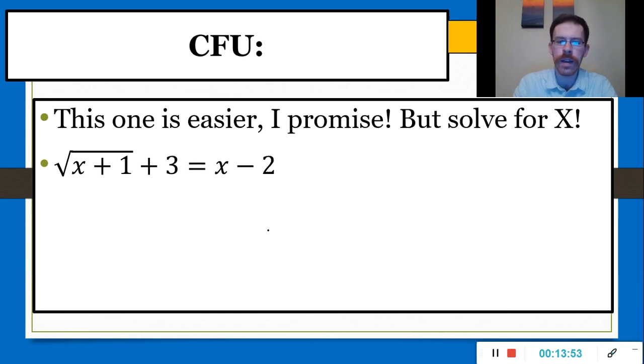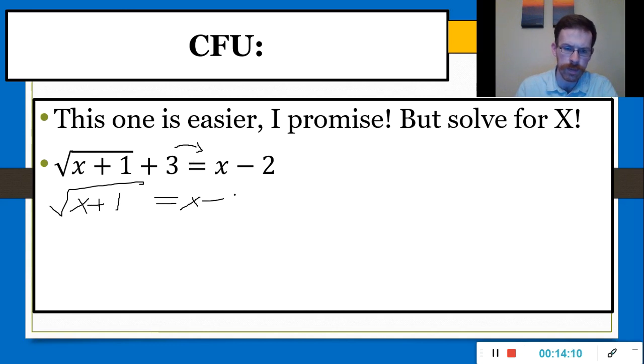Now for this final one, I'm just going to give you the first step. Remember, take this plus 3 over the other side, and then I want you to solve for both of them. X plus 1 is equal to an x minus 5. Do your box method.